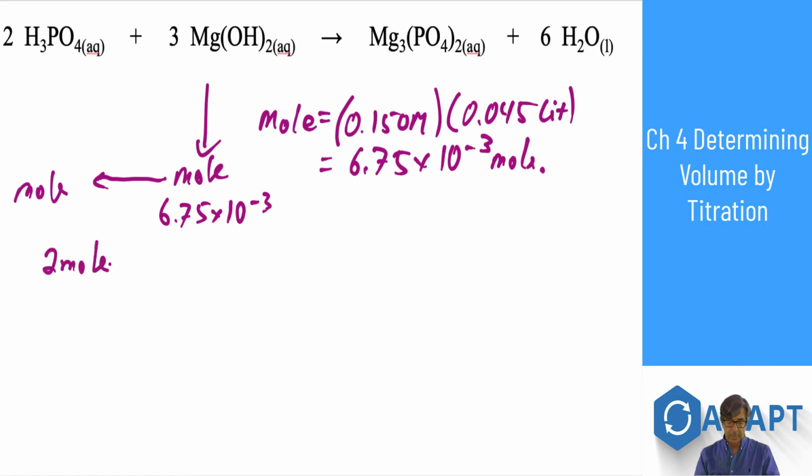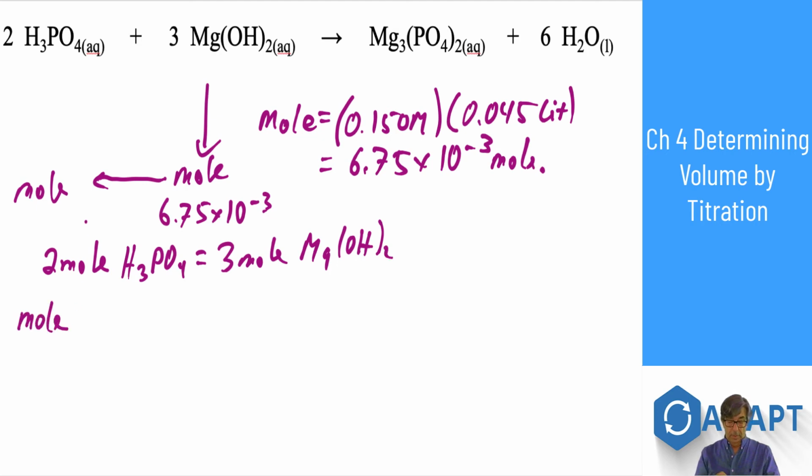So we're going to say 2 moles of the phosphoric acid requires 3 moles of the magnesium hydroxide. So the moles of the phosphoric acid equals, well, how many moles of the magnesium hydroxide do we have? We have 6.75 times 10 to the minus 3 moles.